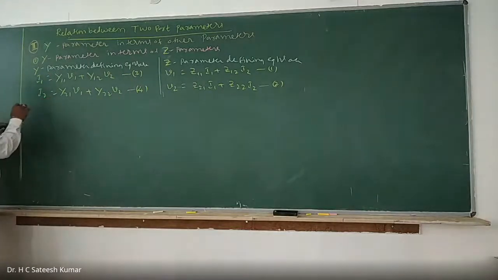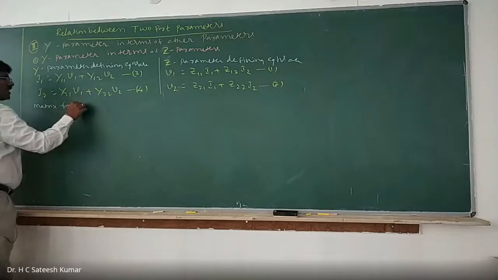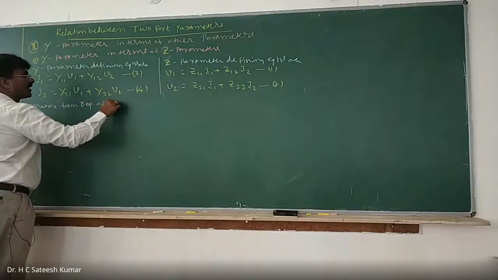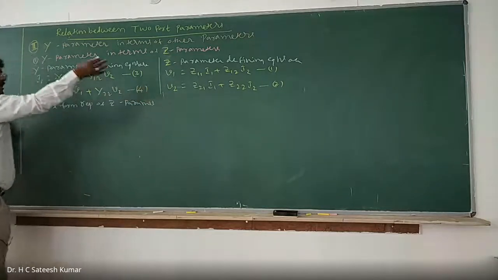This one should be written first, that is a matrix form of representation. Matrix form representation of Z parameters is given by, right hand side first I'll write it.